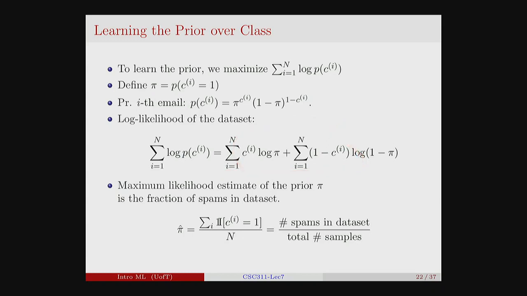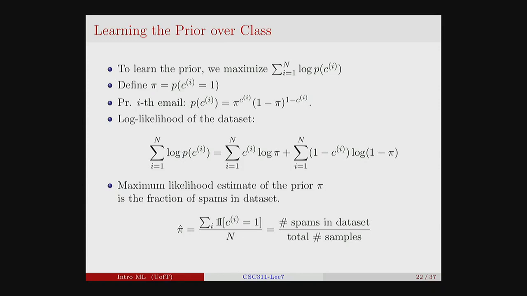And you should recognize this as being basically identical to doing maximum likelihood estimation in the coin flipping example. Because what we're doing here is we're maximizing the likelihood of the parameter associated with whether or not an email is spam, and we're treating that parameter as a Bernoulli random variable.